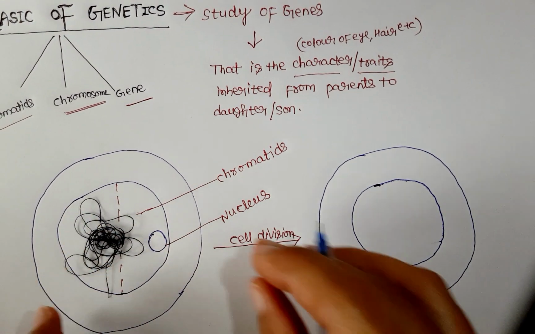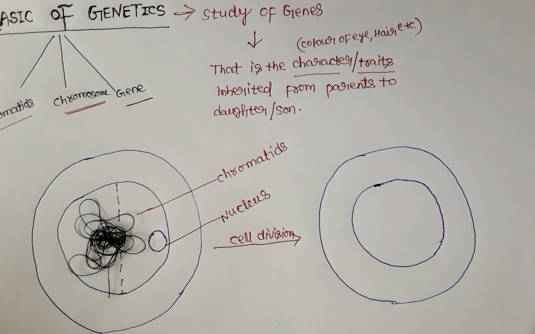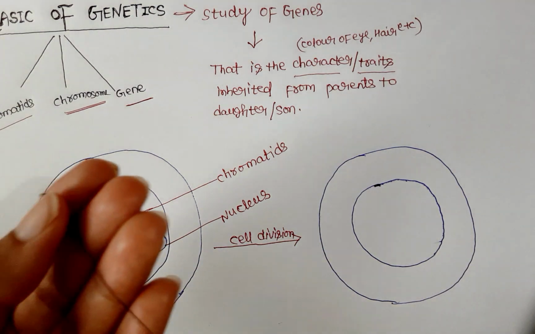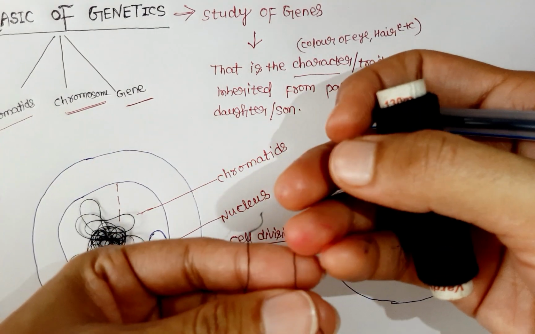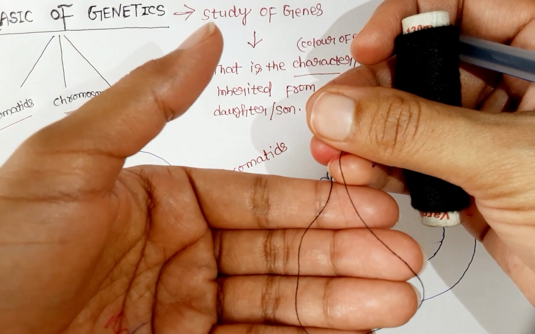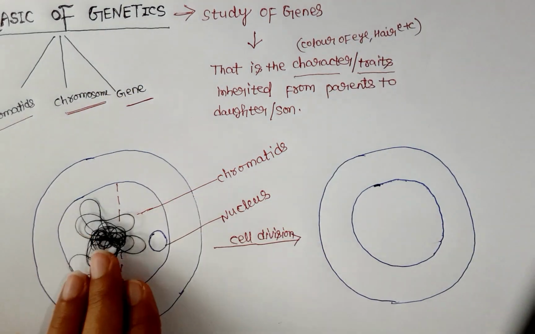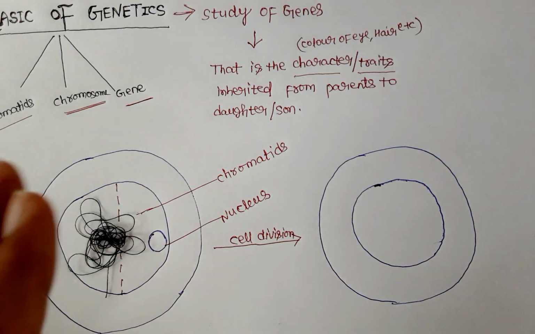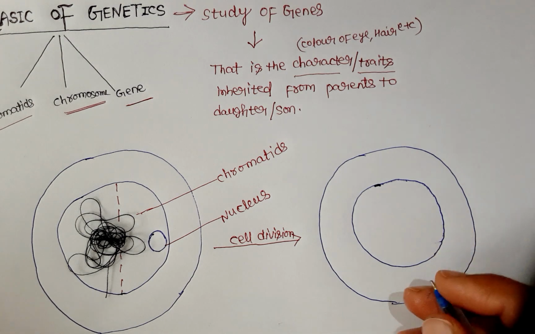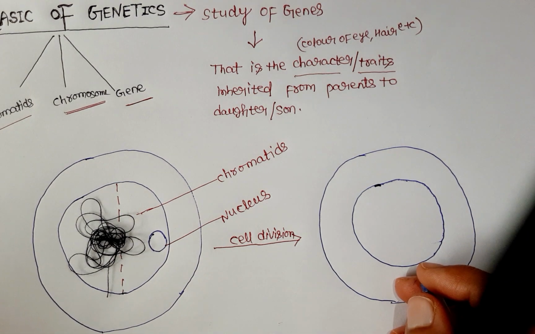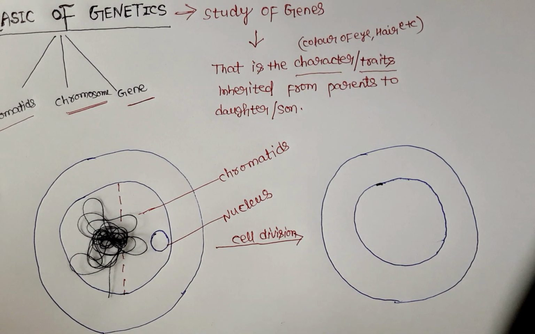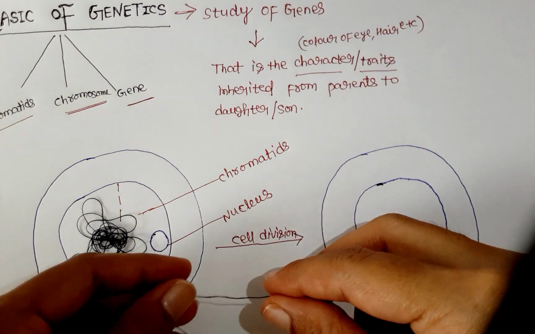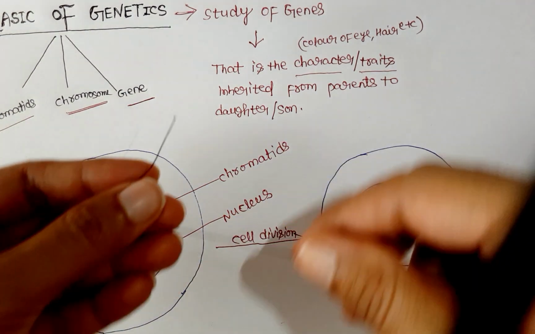Means if this is a thread, it will make another copy of this. In interphase we have studied, they will make copies like that, and they are arranged here. After that, when they are going to divide, they are going to condense. So what is condensation of chromatid? Let's see. Before condensing, they make this type of structure.